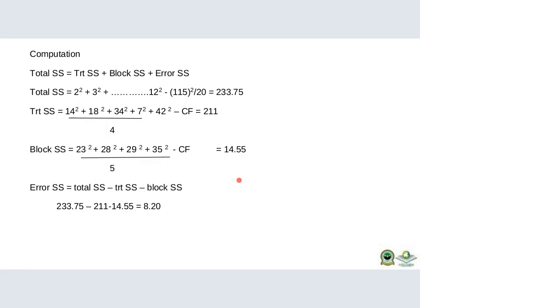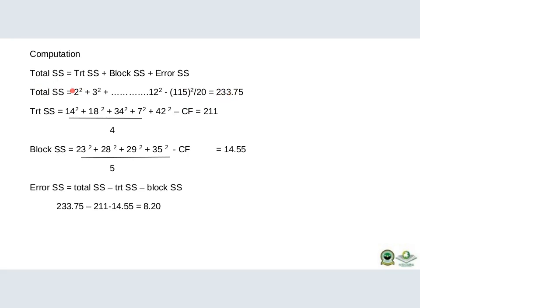That will give us our block sum of square. Remember, the same process we use in the CRD to get the correction factor; we have already worked it out to be 233.75.